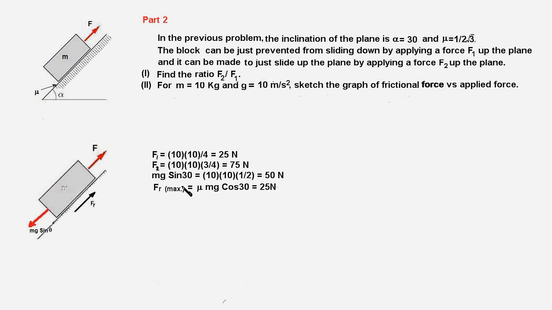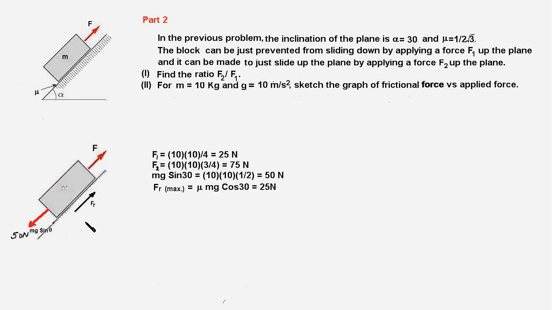We also work out the force mg sine 30, which is the component of the weight along the plane, and that will turn out to be 50 newtons. So the block is always being pulled down by a force of 50 newtons regardless of the magnitude of the applied force.